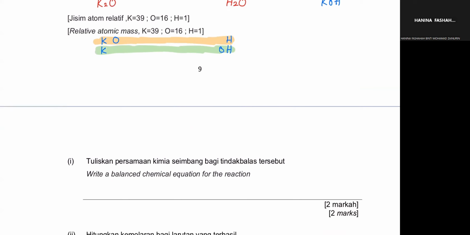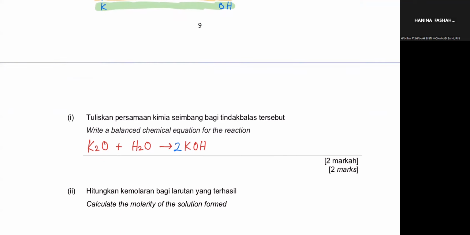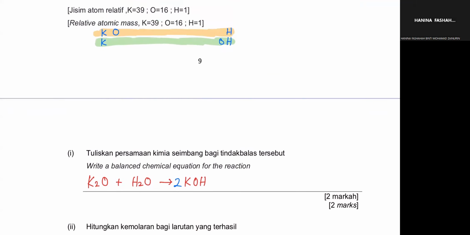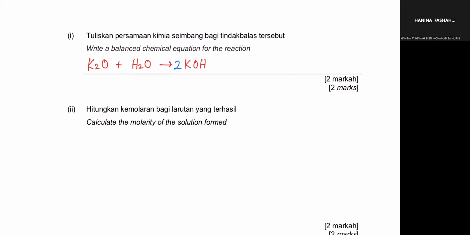So basically the chemical equation is K2O plus H2O produces 2 KOH. Molarity.